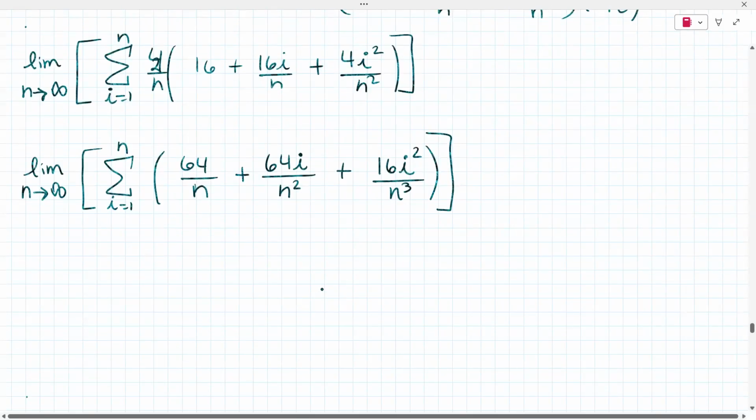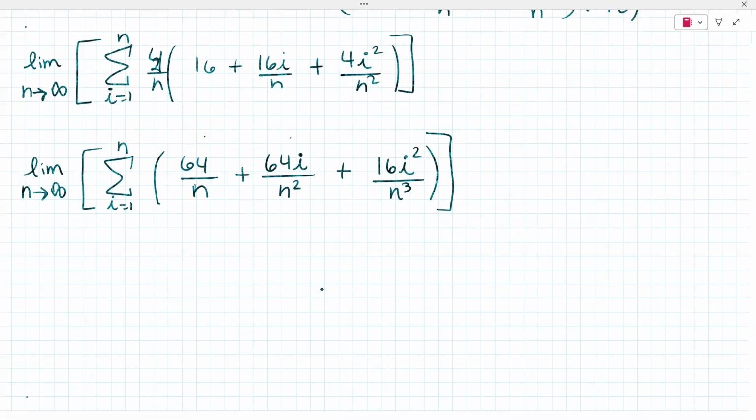So now we have exactly 3 terms. So according to the rule, we can write it out as 3 different summations.